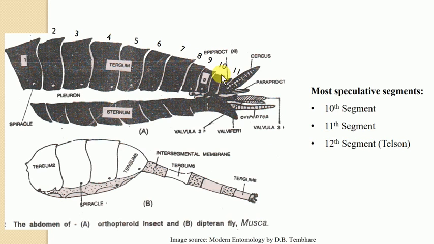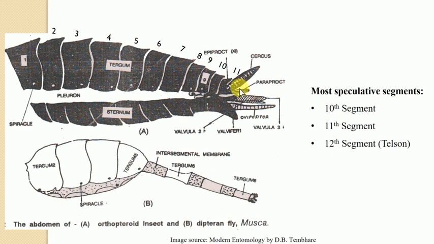The 10th segment is a generality of most insects, particularly the hemimetabolous insects, while in holometabolous insects it is somewhat indistinct and may represent the last abdominal segment. Then the 11th segment contains an appendage known as the cerci, also known as the abdominal cerci, while the 12th segment, also referred to as the telson, contains a dorsal plate known as the epiproct and the ventral plate known as the paraproct.